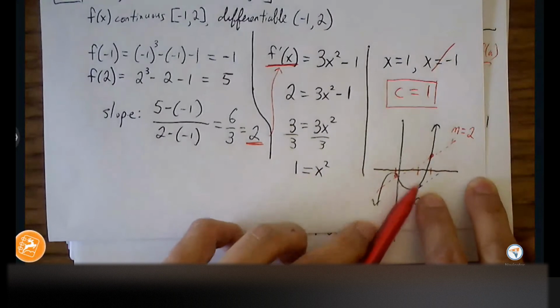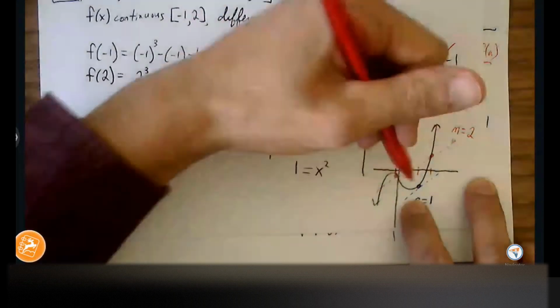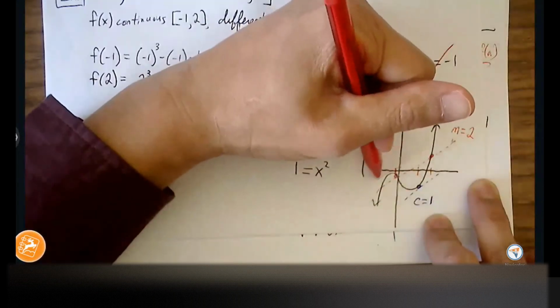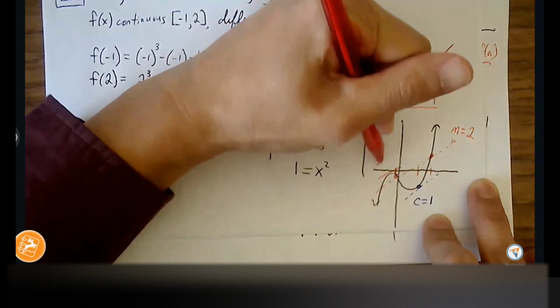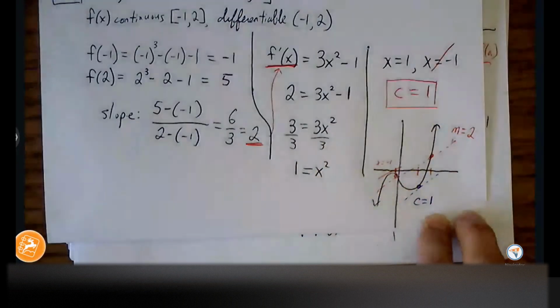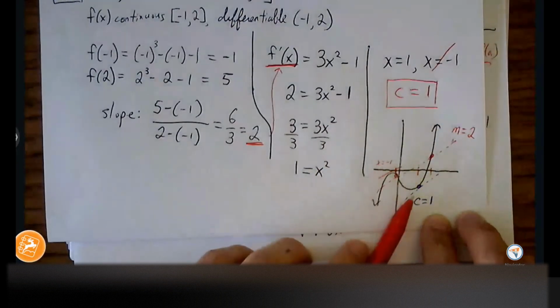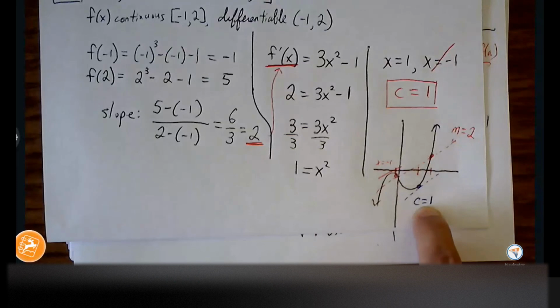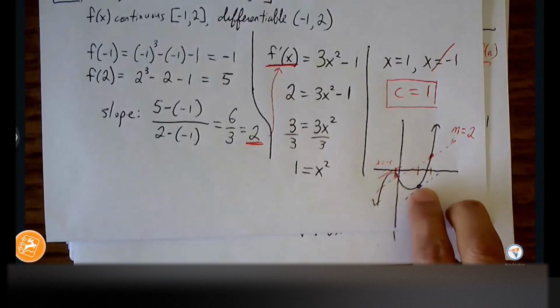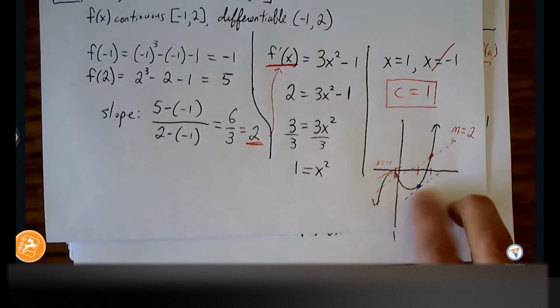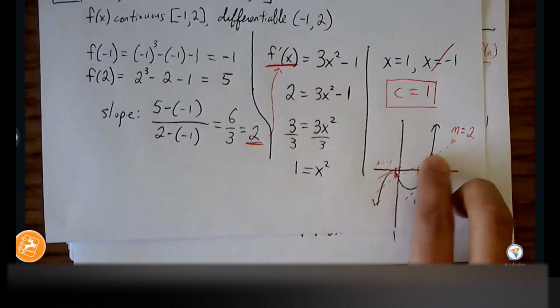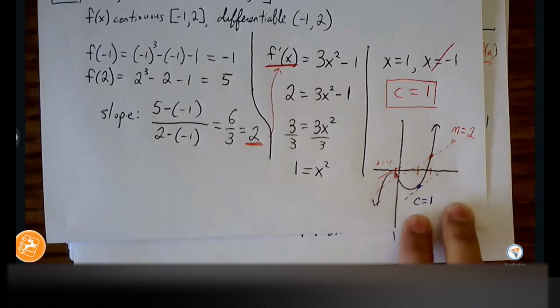So we found a location at 1, and there's also a location at -1. But because -1 is outside the interval, we only hold on to our C value of 1, because that's the only place where we're experiencing a slope of 2 between these 2 endpoints.